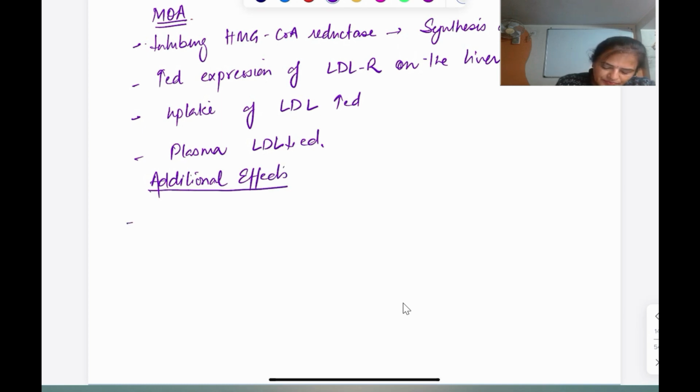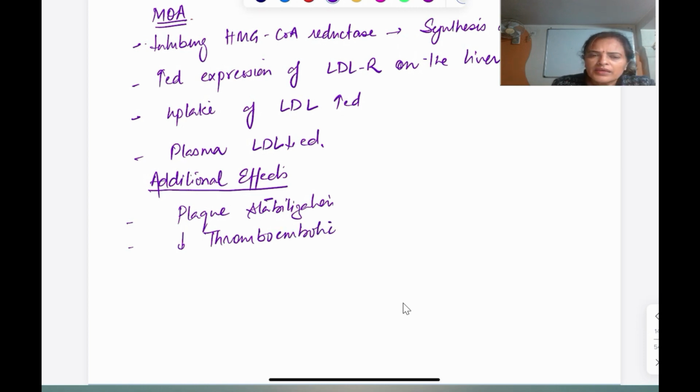It causes plaque stabilization. By stabilizing the plaque, it is going to decrease thromboembolic events. So many times in hip replacement surgery we put the patient on this to reduce the thromboembolic events.